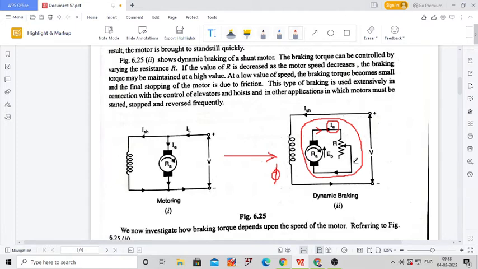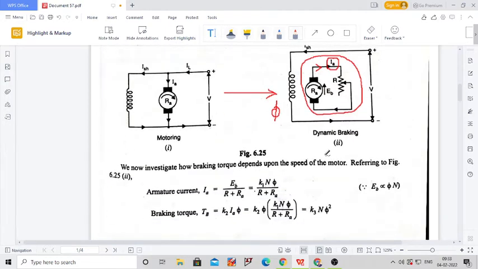But in the old days, in the control of hoists and elevators, we generally used the DC shunt motor with dynamic braking, because in such elevators it is necessary to start, stop and reverse the direction of the motor frequently. So that is about dynamic braking.